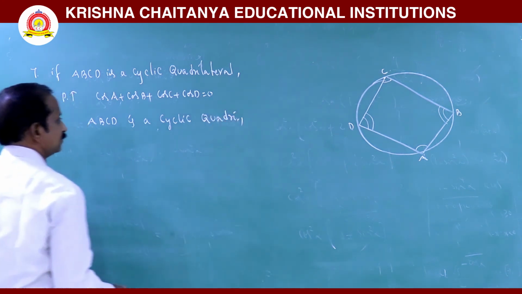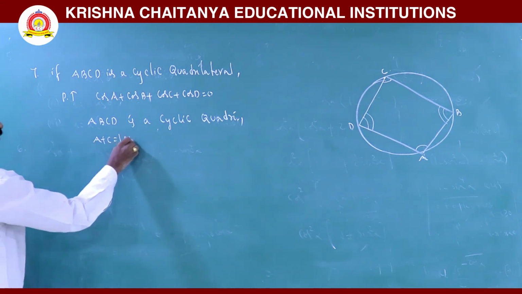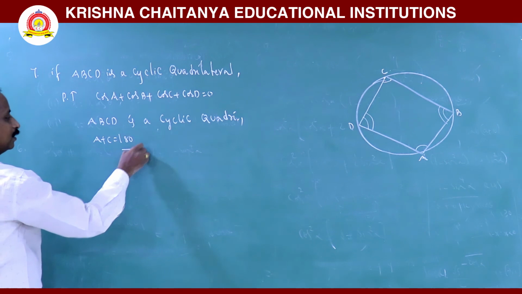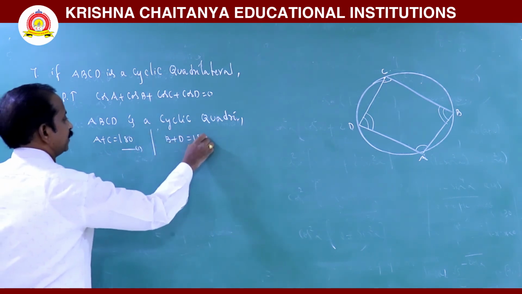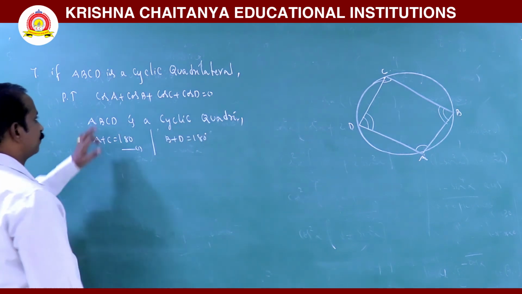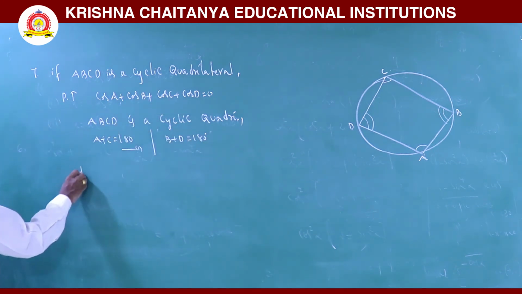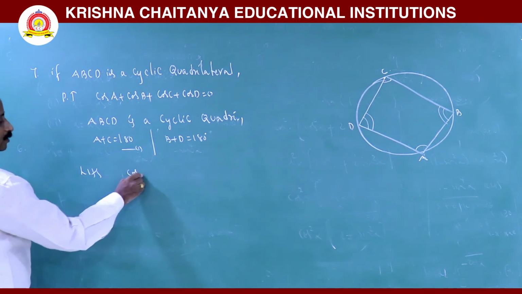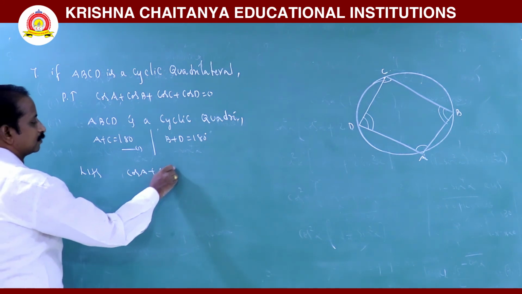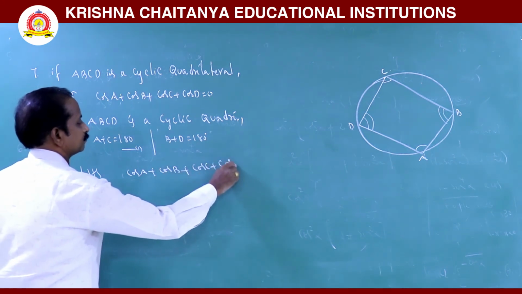If ABCD is a cyclic quadrilateral, we can write A plus C is 180 degrees and B plus D is 180 degrees. Now we prove that cos A plus cos B plus cos C plus cos D is equal to 0. Consider LHS. LHS is cos A plus cos B plus cos C plus cos D.